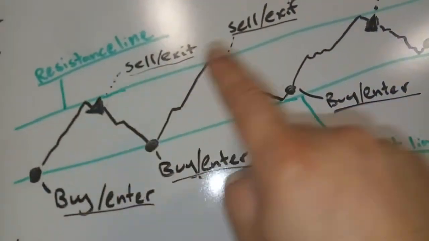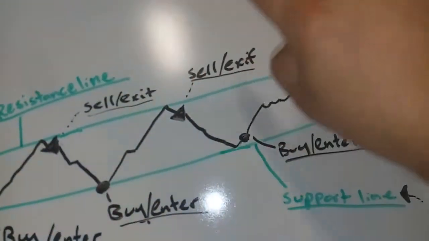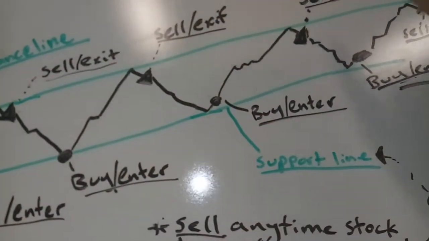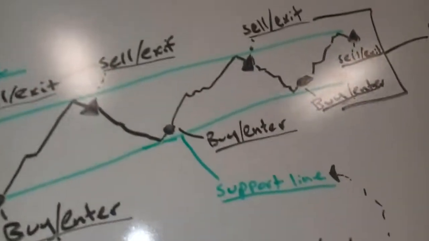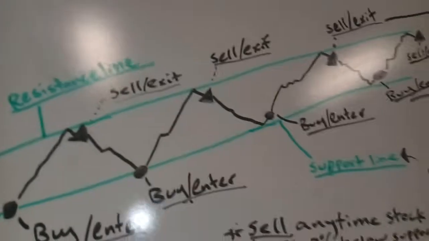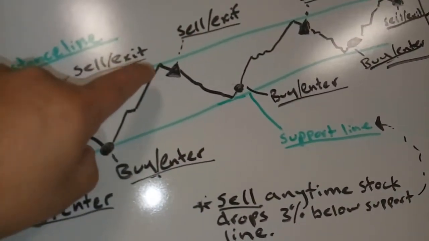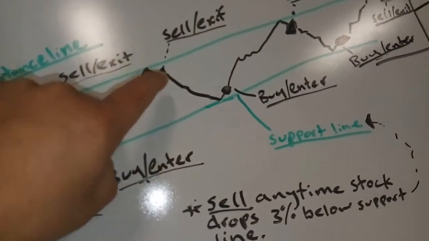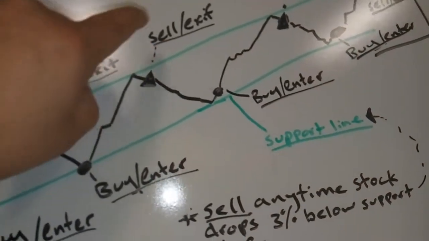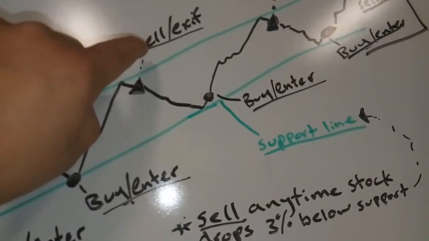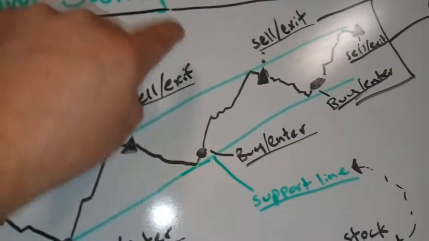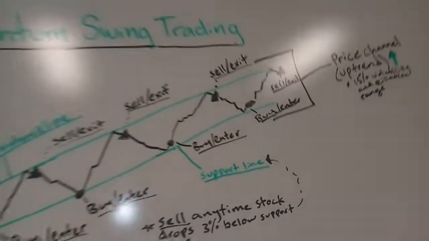This becomes the new bottom line, and you would draw another resistance line and then continue your channel. So that's why it's also important to set the alert right at the resistance line and wait to see if it goes down or if it breaks through. If it breaks through, then that's actually your new entry point, but you're already in. And then you should follow it up, and then it'll be a different price channel.